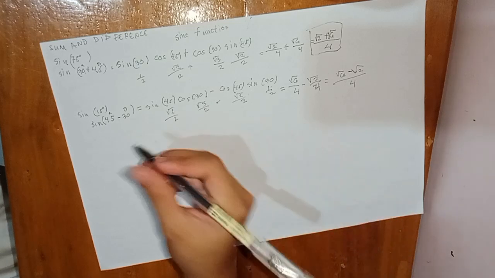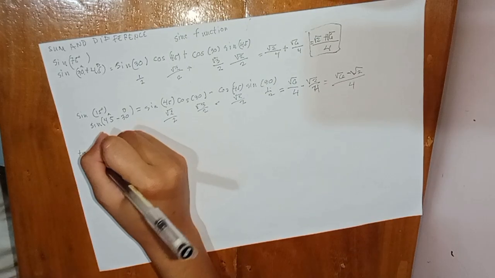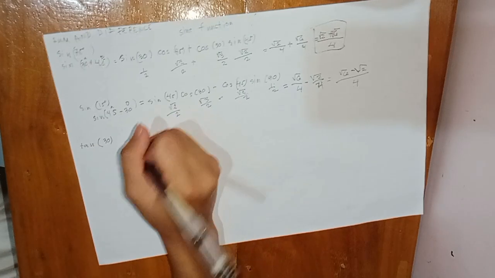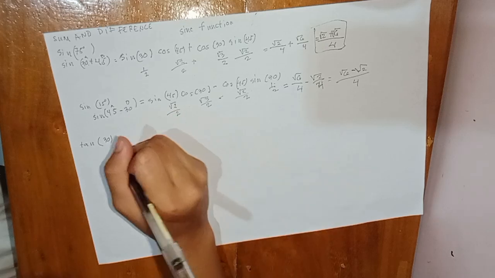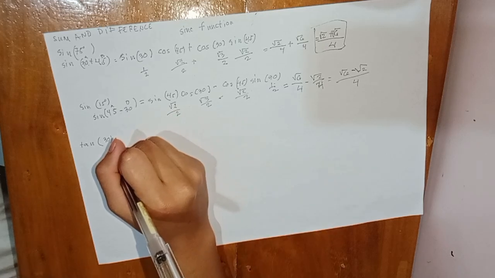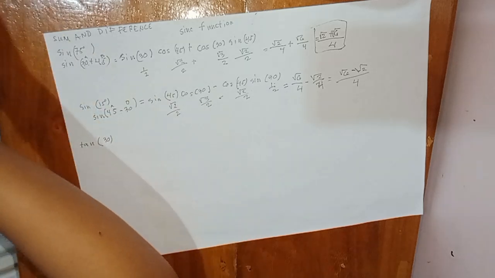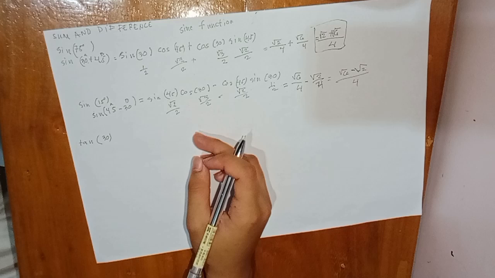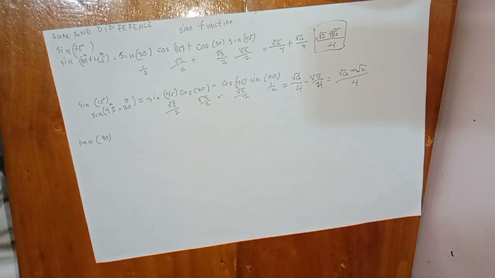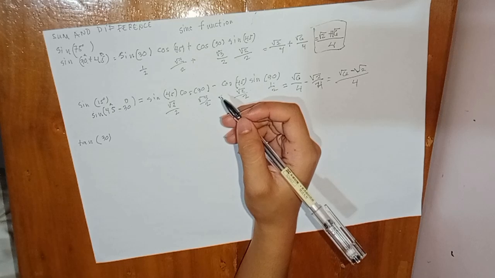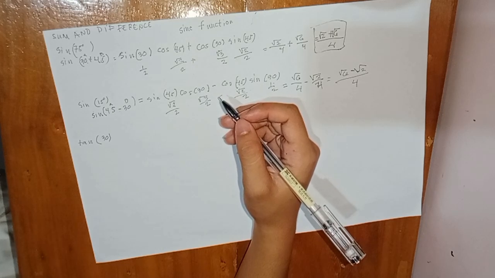Now we must evaluate, let's say, tangent 30 degrees. Tangent 30, that's the TOA part of SOHCAHTOA.